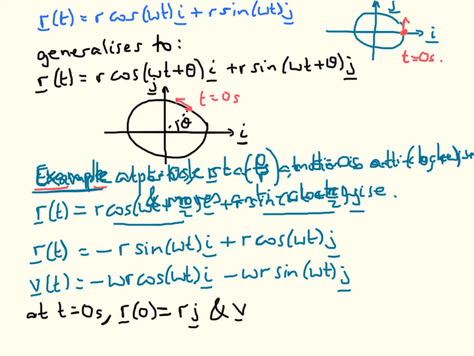and the velocity at t is 0 seconds is going to be in a similar way. This vanishes because of the sine, this is 1, so it's minus omega r i, and that tells us that the direction of the motion is parallel to the i-axis, but it's pointing in this direction, so we're starting here, as you can see here, starting up here, and the motion is that way.